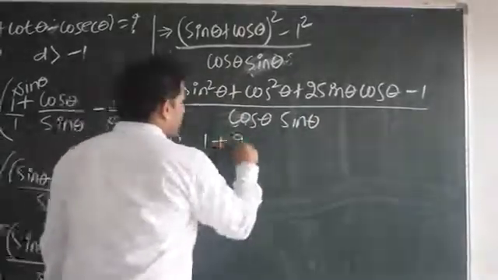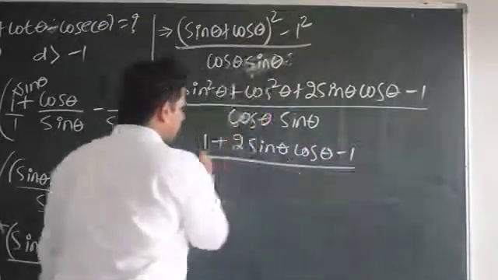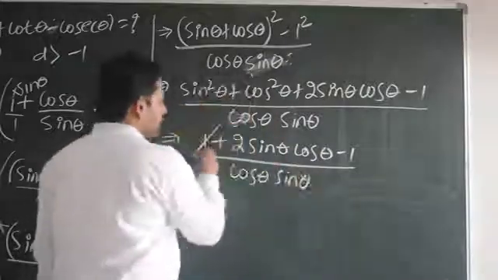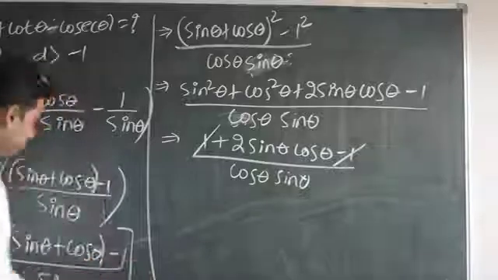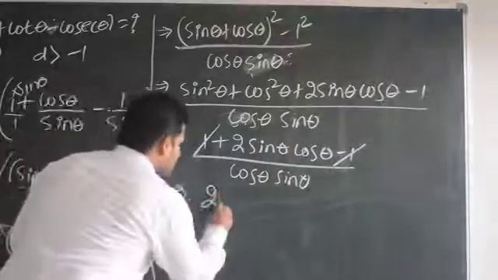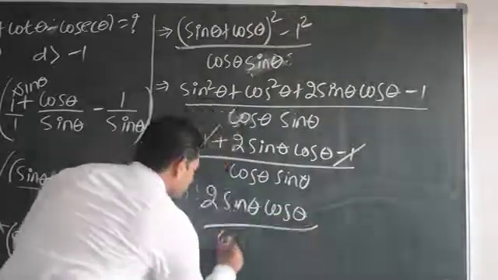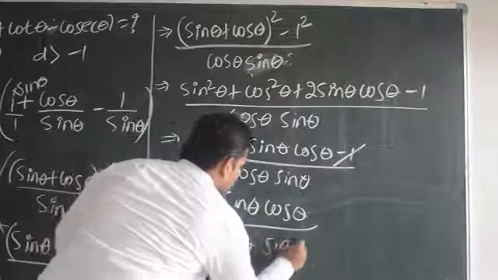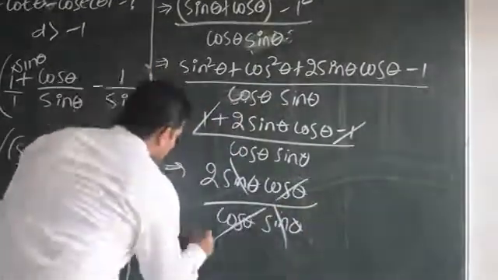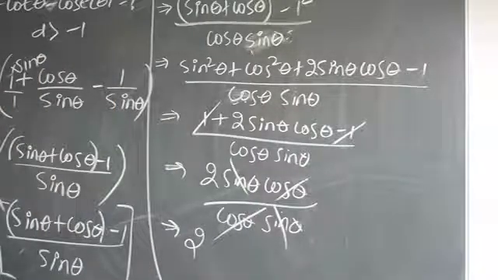So that is 1 plus 2 sin theta cos theta, minus 1, divided by cos theta into sin theta. This 1 and 1 get cancelled because they are plus and minus of each other. So I am remaining with 2 sin theta cos theta divided by cos theta sin theta. Sin theta gets cancelled, cos theta gets cancelled, so I am remaining with 2. So the answer is option C, that is 2.